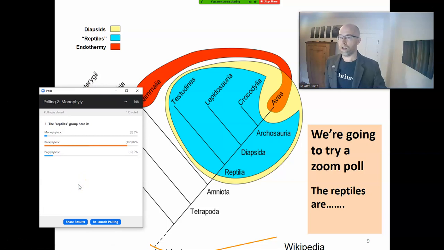And I'm going to say to you all, well done. That's paraphyletic. A common ancestor, but not including all of the descendants, paraphyletic. Now, of course, this is an example where you've also got the mammalian endothermy, an example of what we would call a polyphyletic trait.